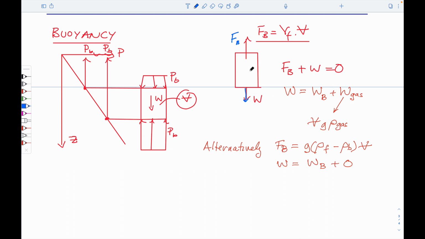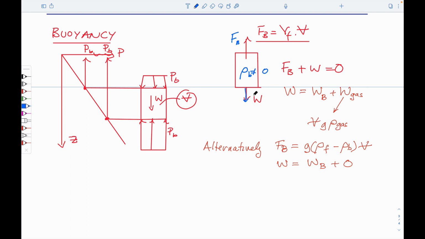If this is submerged below a liquid, then it's probably adequate to take the density of the interior as equal to 0 and take the density of the liquid as the magnitude that you use in this calculation. However, if you're solving a system where it's a balloon, then it's probably not appropriate to take the buoyant force acting inside this as 0.